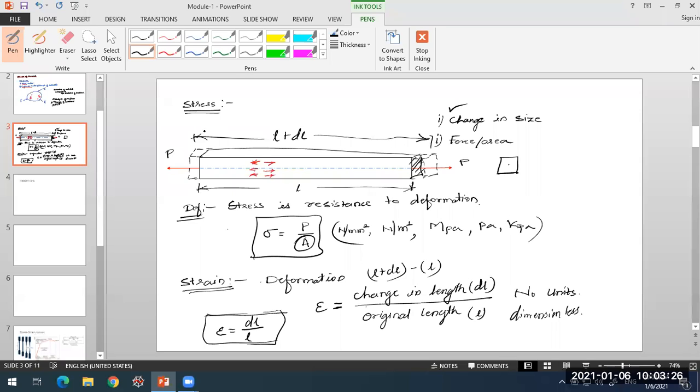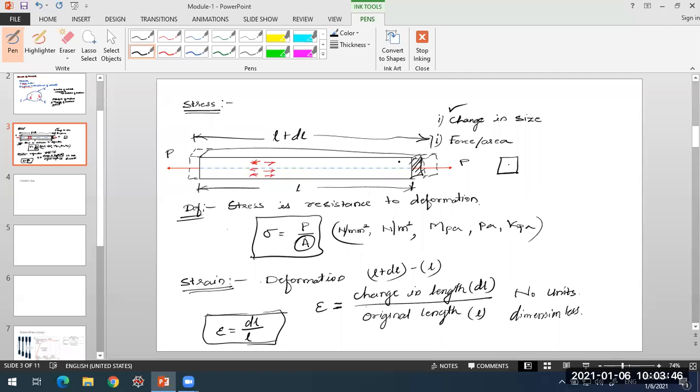And mathematically, if we want to quantify stress, this is the expression we have. We express it as load per unit area, or P by A. P is the applied load, A is the area which is normal to the load application.